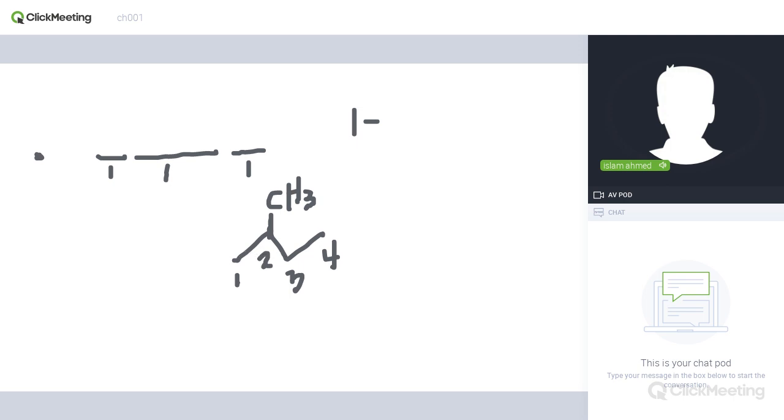So we can count and consider that one to be the carbon chain, and we have the other as a side group. So we have 1, 2, 3, 4. 4 corresponds to but. So we will write but.